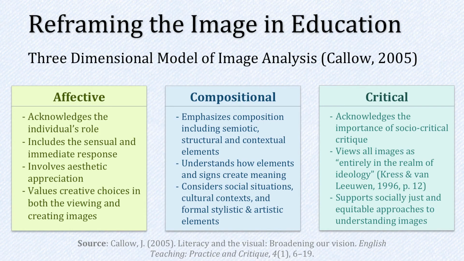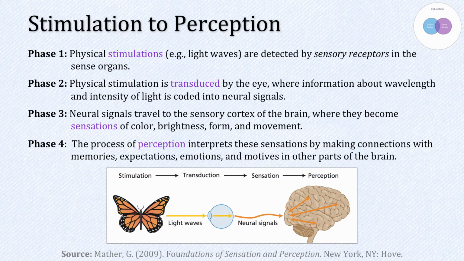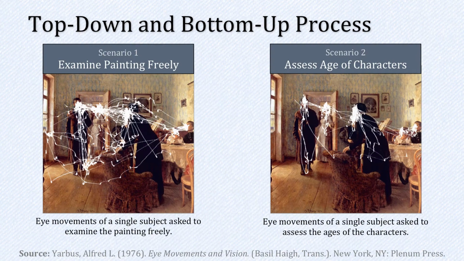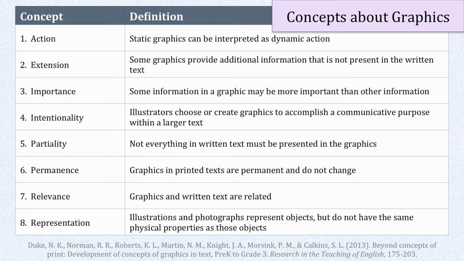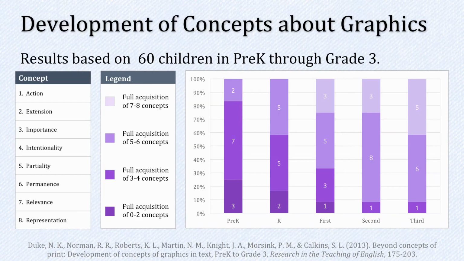For example, we talked about Callow's three-dimensional model of image analysis and studied the basics of human perception and how seeing the world around us is theorized to be both a top-down and bottom-up process. From there, we covered other essential topics such as concepts about graphics and how these concepts have to be taught and learned over time.